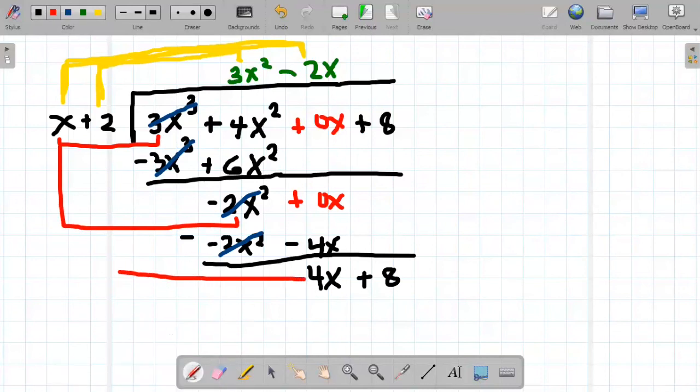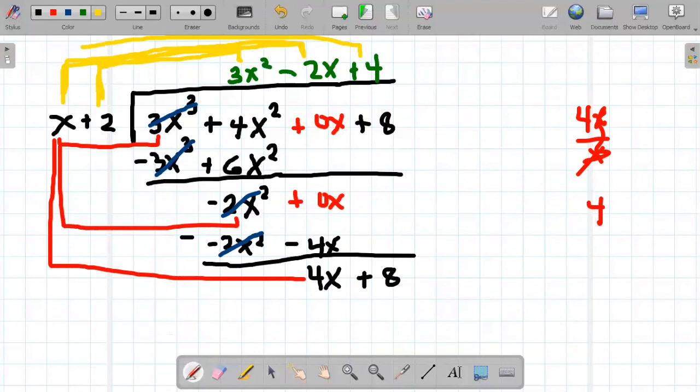Okay, so we divide 4x divided by x. That is equal to 4. So our answer is positive 4. Then you have positive 4 times x, that's 4x.